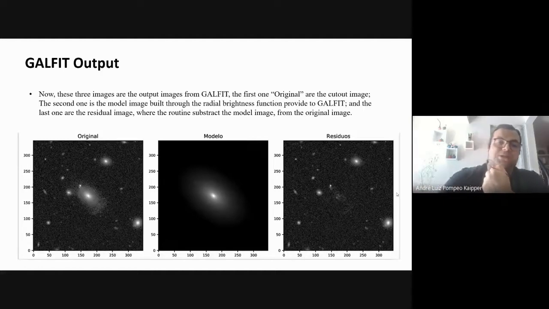The second is a frame with three images. The first one is the original image, the cutout image. The second one is the model that it creates. And the third one is the residual image. And I use the residual one to understand the galaxy.